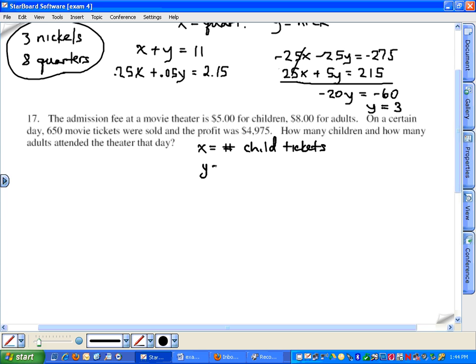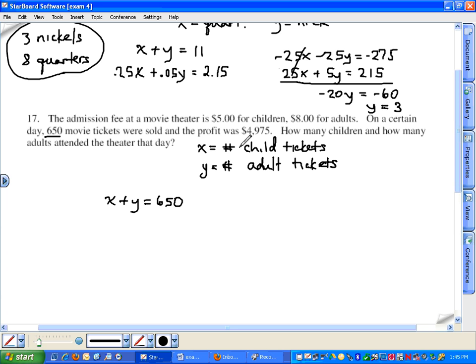We could let y equal the number of adult tickets. Separately, we don't know how many tickets were sold, but together it says that 650 movie tickets were sold. So x plus y equals 650 movie tickets.